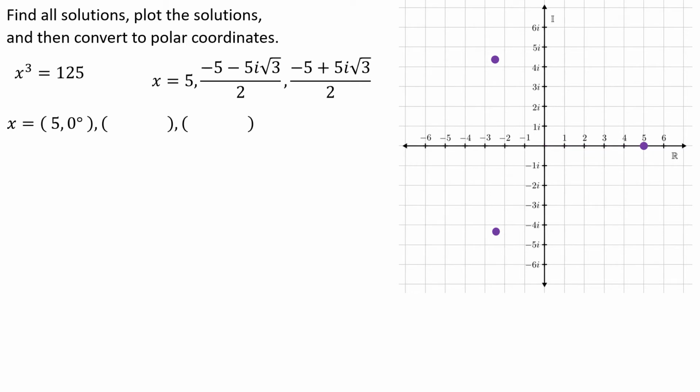Let's figure out another one. Of course, I'll call that angle alpha. Negative 5 halves is the distance on the real number line. On the imaginary number line, we've got 5 root 3 over 2.